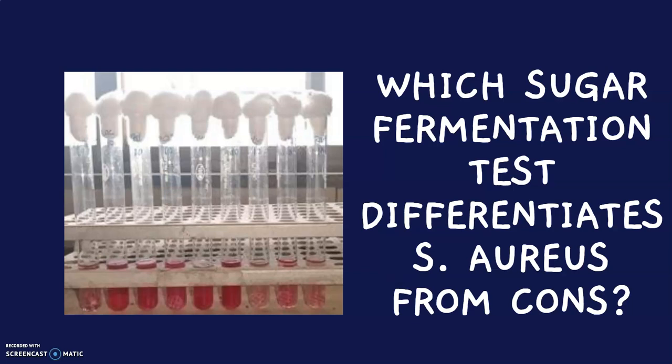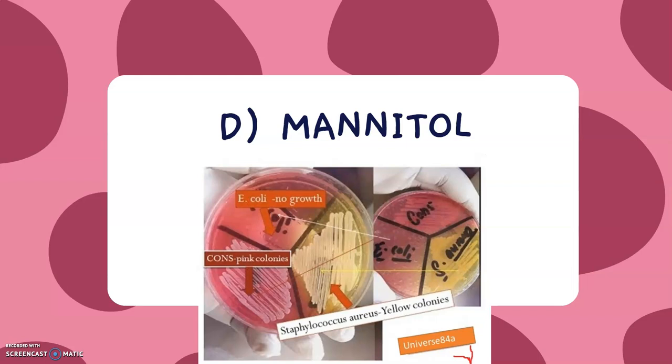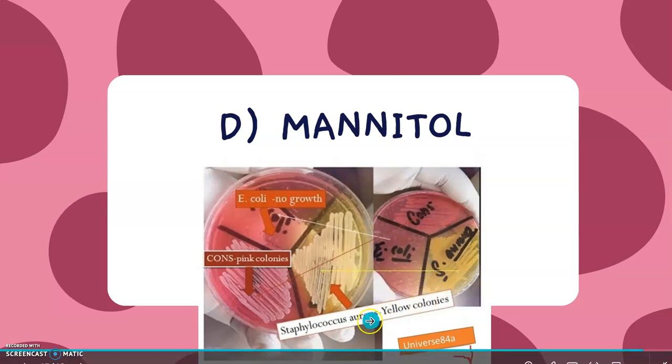Next question is, which sugar fermentation test differentiates Staphylococcus aureus from coagulase negative Staphylococcus? Options are glucose, sucrose, lactose or mannitol. And the answer is, of course, mannitol, because as we have discussed earlier, on mannitol salt agar, Staphylococcus aureus produces yellow colonies, whereas coagulase negative Staphylococcus produces pink colonies.